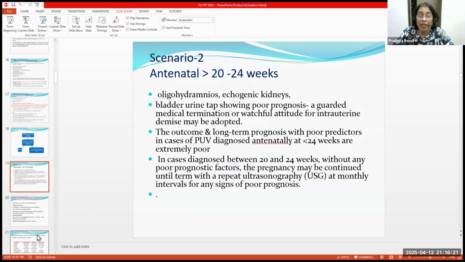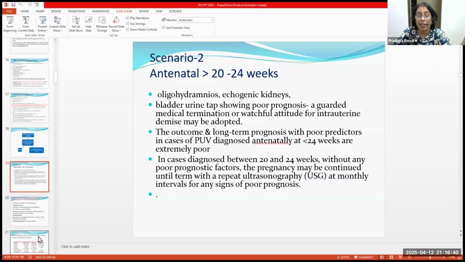It is very important that if you are planning intrauterine intervention, you have to be very, very careful and sure that your intervention will benefit the child.